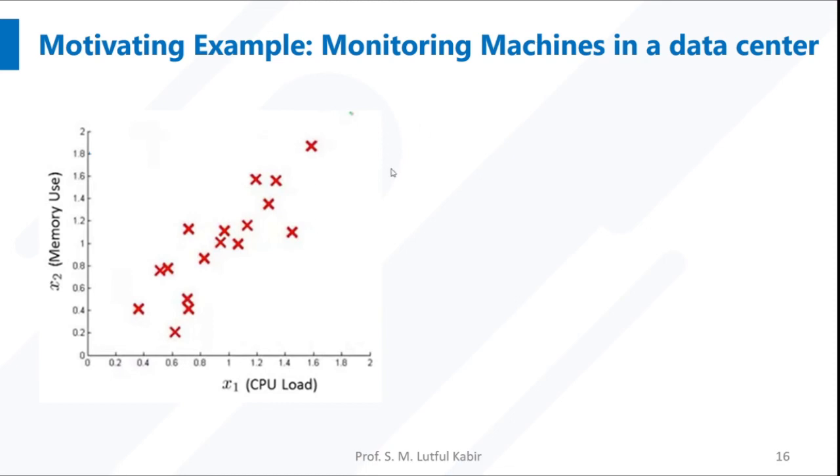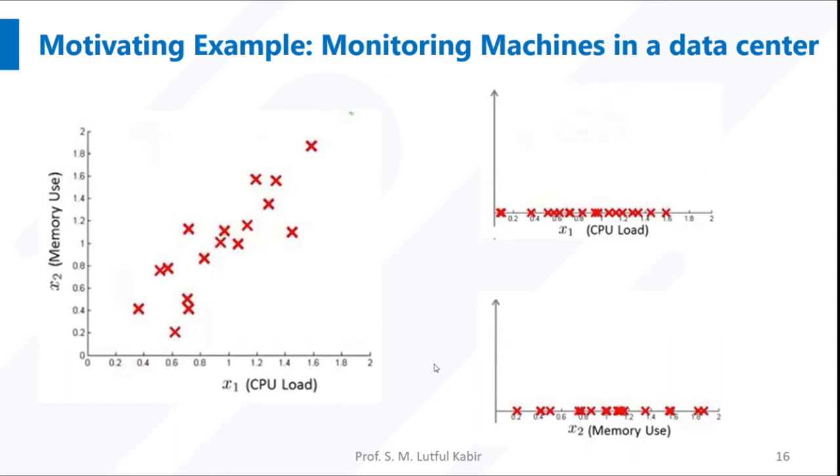If you take the average, then this average line is nothing but a proportionate line. If we plot the value of x1 only, the points will be like this for CPU load, and if we plot the memory use data, that will be like this diagram. So these two diagrams are almost Gaussian distribution. If you see the variation, the center concentration is more than the outskirt points.